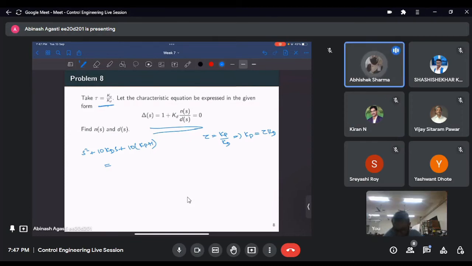s square plus 10 Kd s plus 10 tau Kd plus.